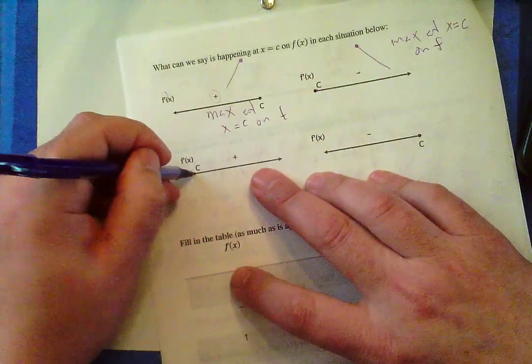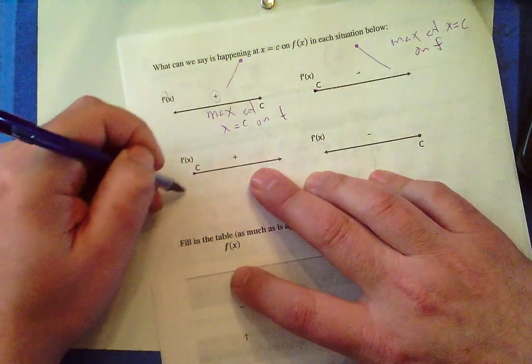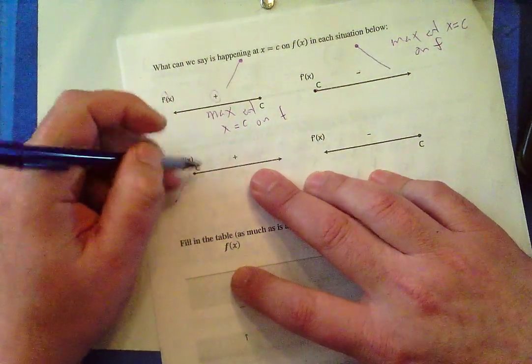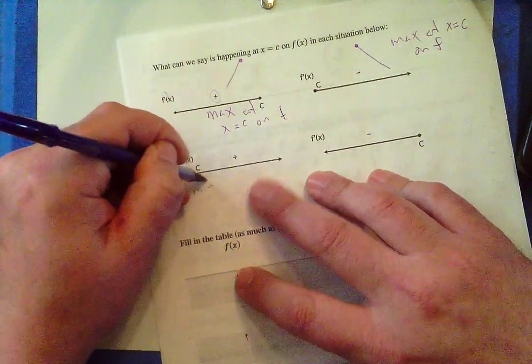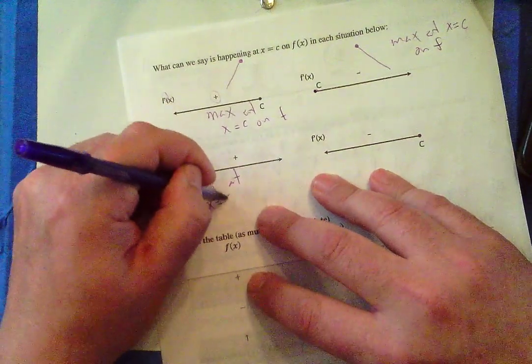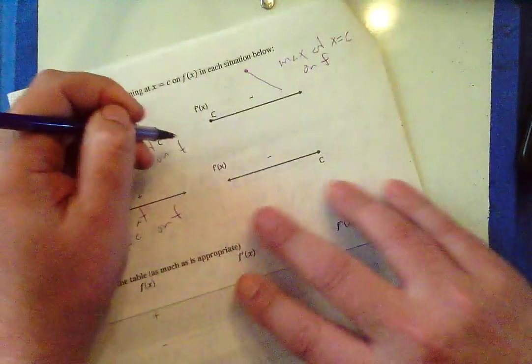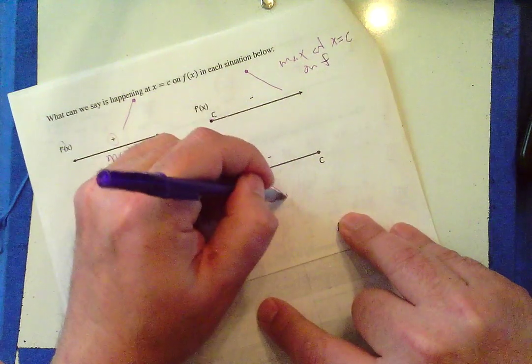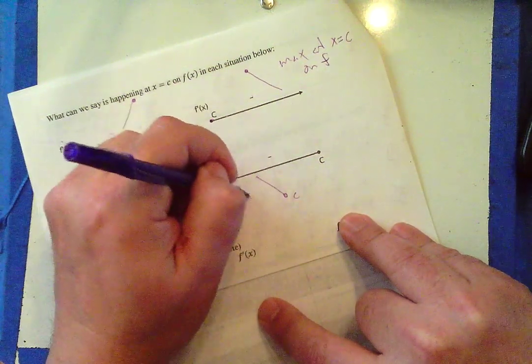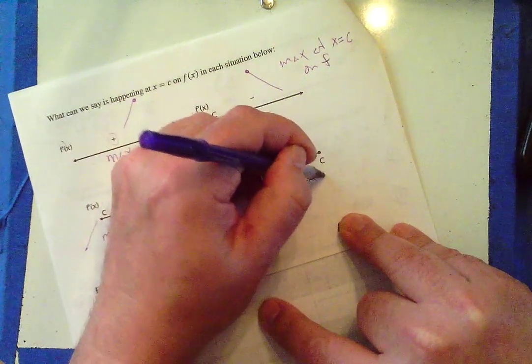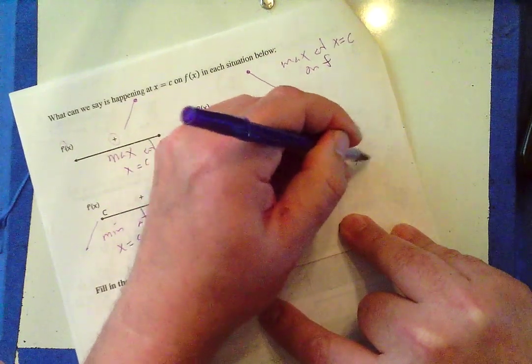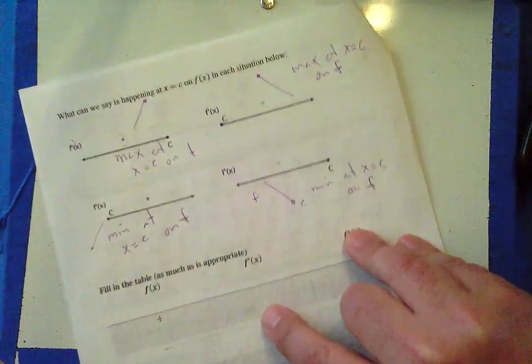Here, my endpoint is on the left, and from there, f is increasing, so we have a min at x equals c on f. And then here, we're decreasing until we get to c on f, and so there's a min at x equals c on f.